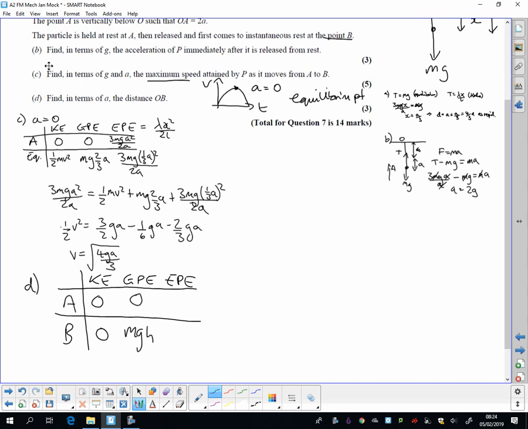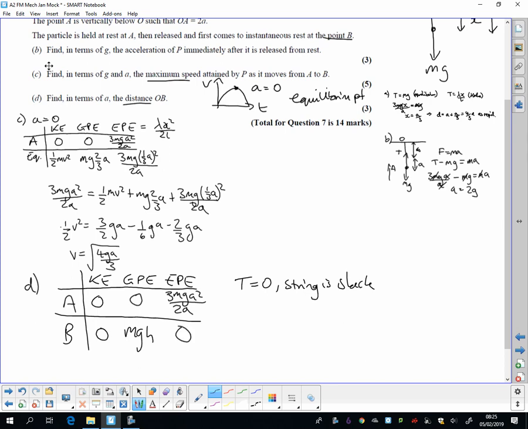At the end it's mgh, where h is the distance we're trying to find, because we want to eventually know the distance from O to B. Then elastic potential energy: we've got elastic potential energy when we start, so we can just copy from part C. Now B is the point where the tension is 0 and the string is slack, because this is the point at which there's no more upwards force, so the particle stops and you've just got the weight pulling it back down.